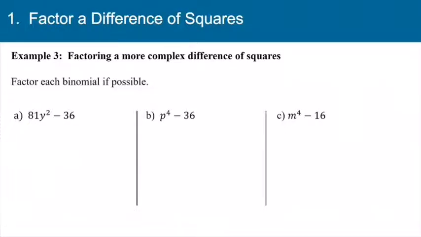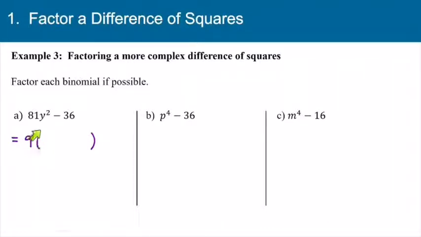Now that might not be your first thought because 81 is a square, 81 is 9 times 9, and 36 is 6 times 6. So your first thought might be, oh, I've got a difference of squares. But you just have to train yourself to look for a GCF before you get started. 9 goes into both of these numbers. So let's factor out the 9.